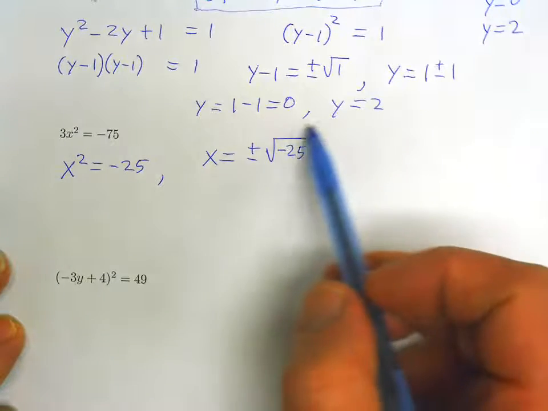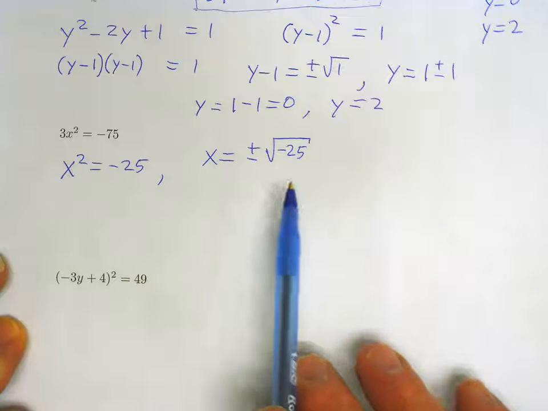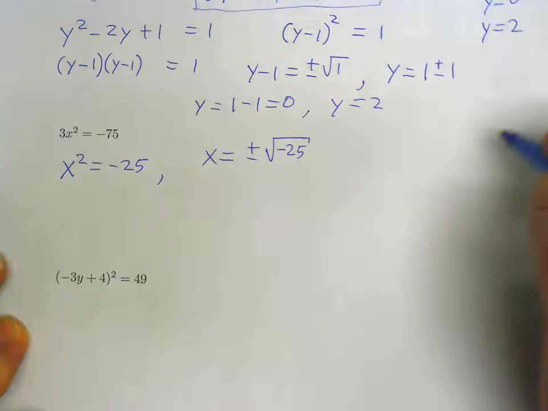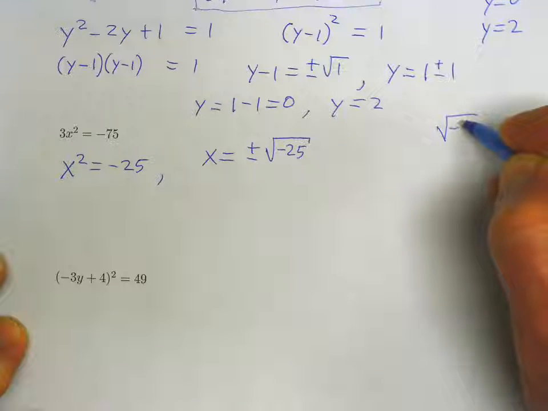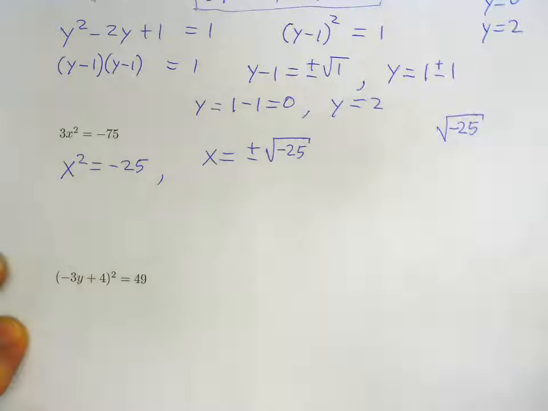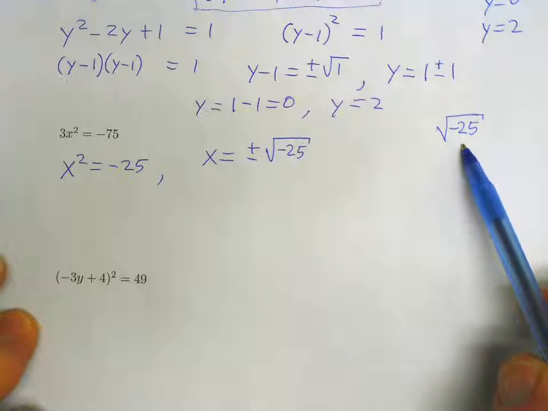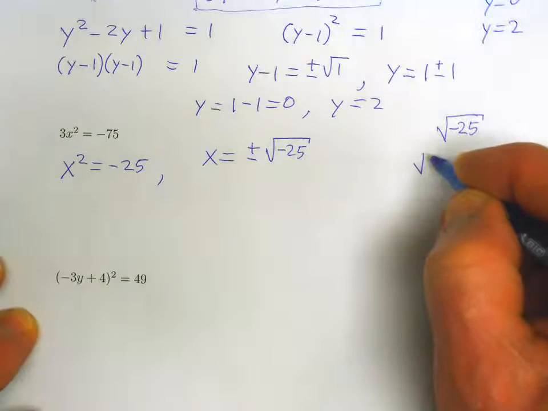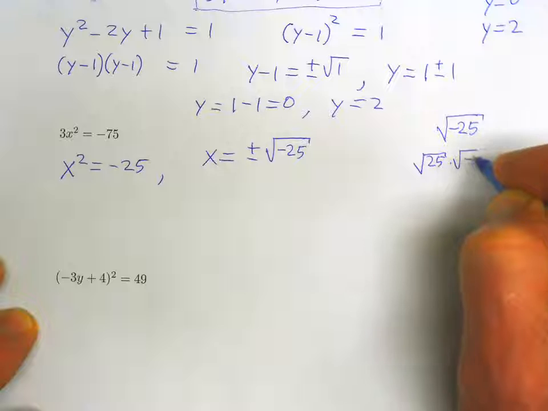Okay, so one of the things that we have to know for test 3 is from chapter 8, section 8. So over here, let's remind ourselves of how to compute the square root of a negative number like the square root of negative 25. You can think of this as the square root of positive 25 times the square root of negative 1.